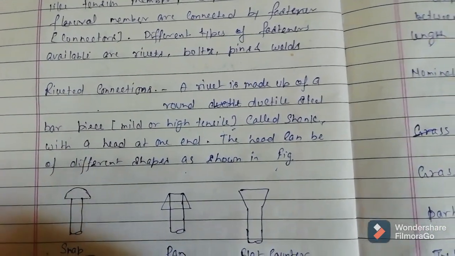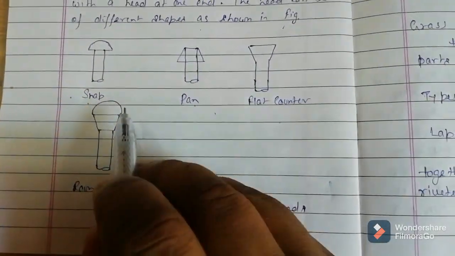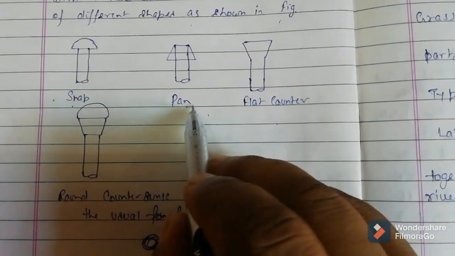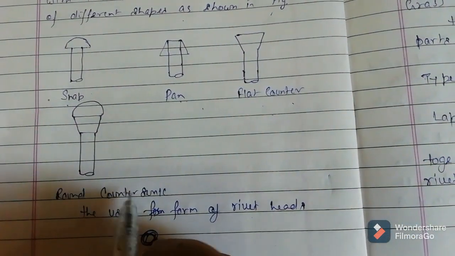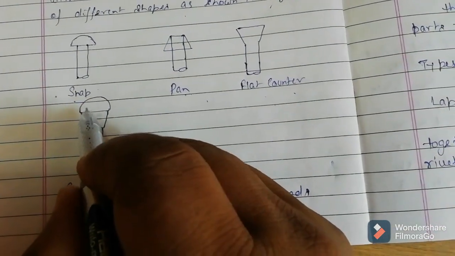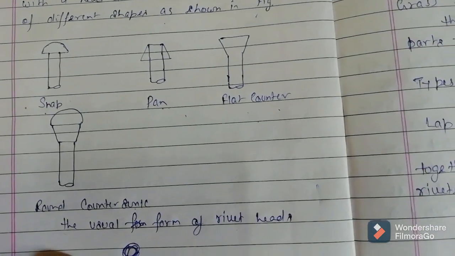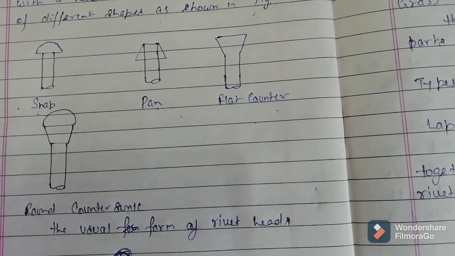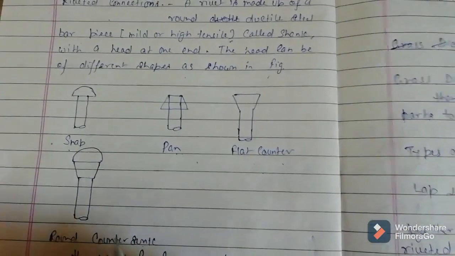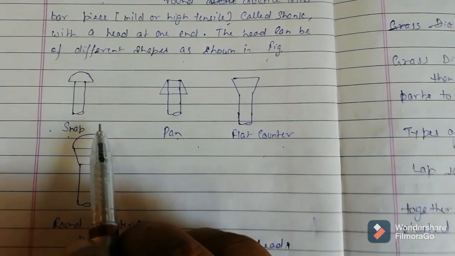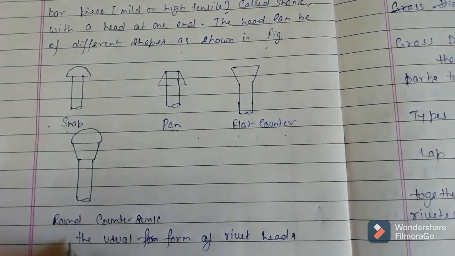So now here this is the snap head, this is the pan head, this is the snap head rivet, this is the pan head rivet, this is the flat counter head rivet and this is the round counter head. So there are four types of rivets generally, that is the snap head, pan head, flat counter and round counter.